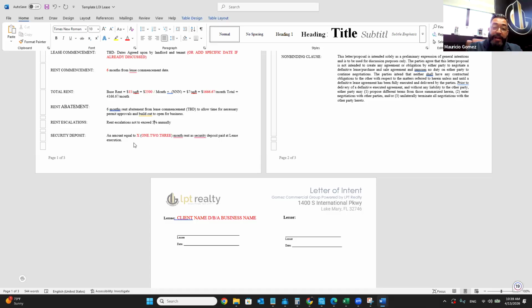If they're not that creditworthy, they're going to do 2, 3, 4 months of security deposit plus first and last month rent. This all will depend on the application portion of the process and how creditworthy your client is. For the LOI purpose, I always go as low as possible. I always go 1 month security deposit and let them tell me what they're going to charge once my tenant does the application.